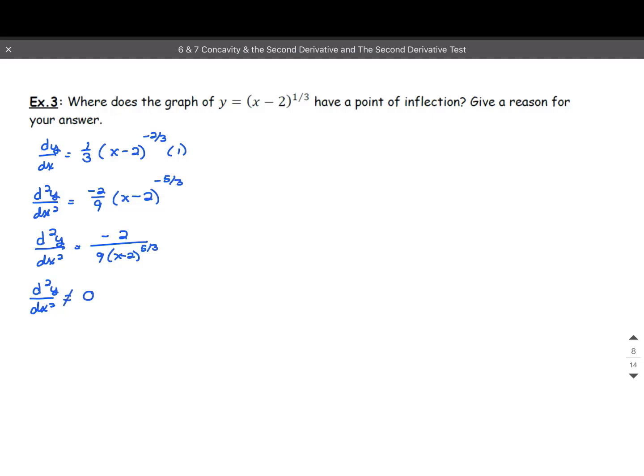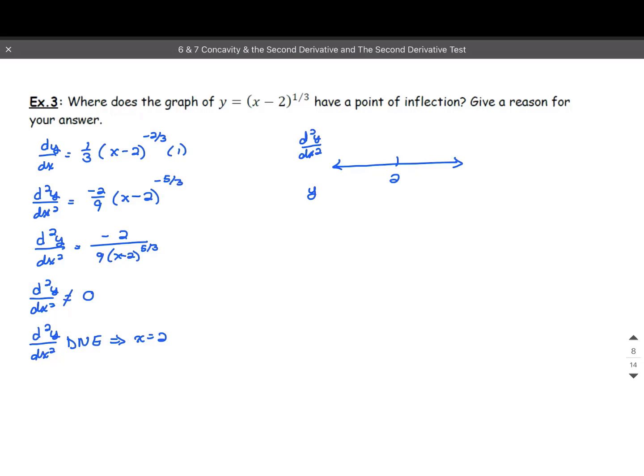That's never going to be 0. However, this second derivative will not exist when the denominator is 0, which happens when x is 2. So when we make our number line, 2 is the number on the number line, d squared y over dx squared, and then y.